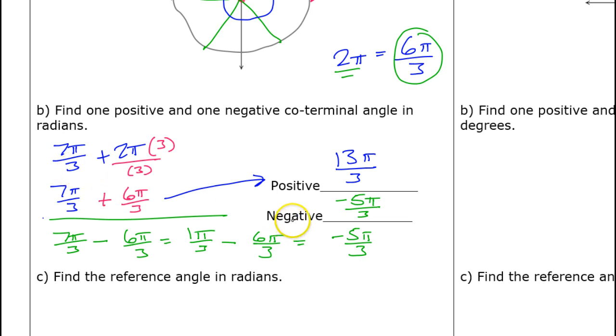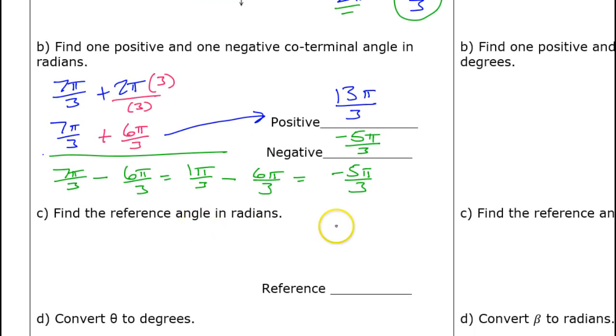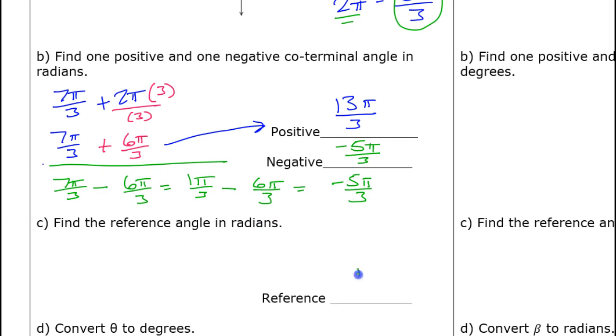If you want a negative coterminal angle, subtract 2 pi, and sometimes you'll have to do it more than once until you get a negative answer. Now, as far as the reference angle, we've already found that the reference angle is pi over 3.